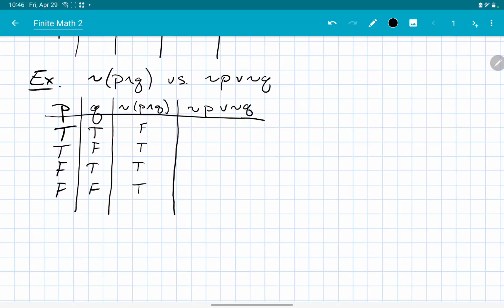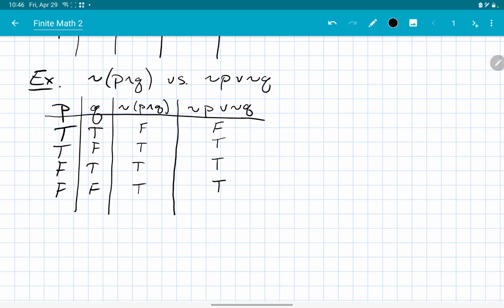Okay. All right. Not P or not Q. Well, if they're both true, we don't have either of those. But for the other three possibilities, either not P is true, or not Q is true, or they're both true. So this is false, true, true, true.